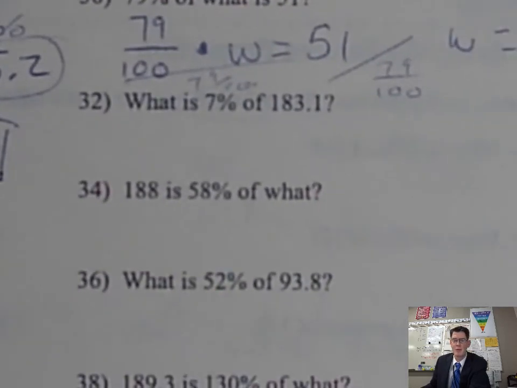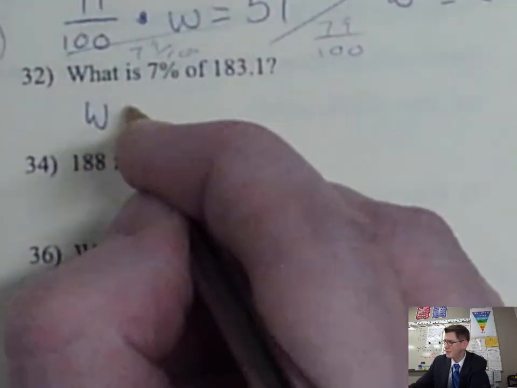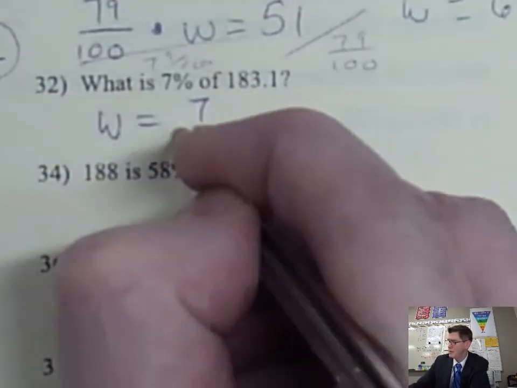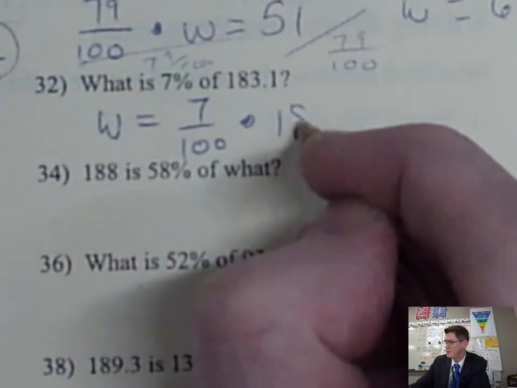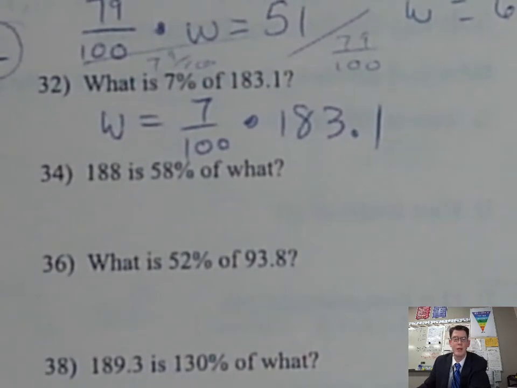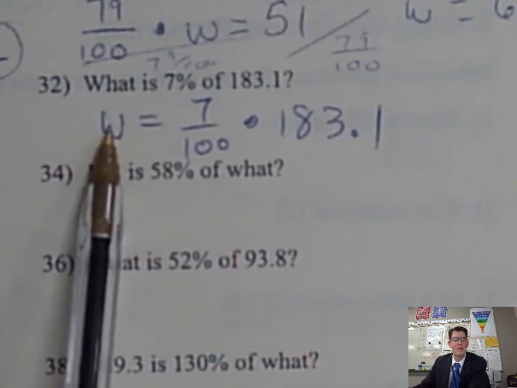Okay, let's try one more. What is 7% of 183.1? And once again, the variable ends up all by itself.